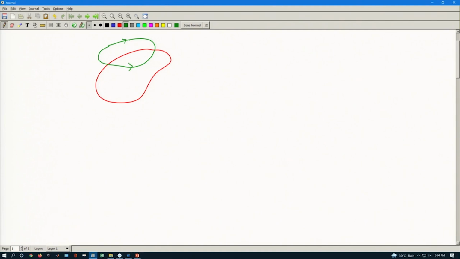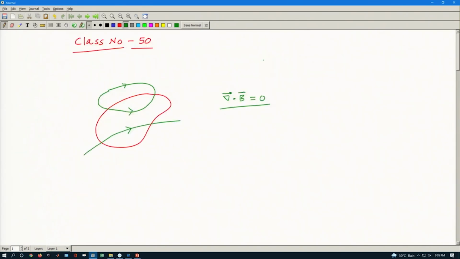It does not begin or end, so there is no source or sink kind of term we can expect. So, I can write that the divergence of B is equal to 0. That was the thing we found in the last class, and that means magnetic monopoles do not exist. That is why we are getting this result.